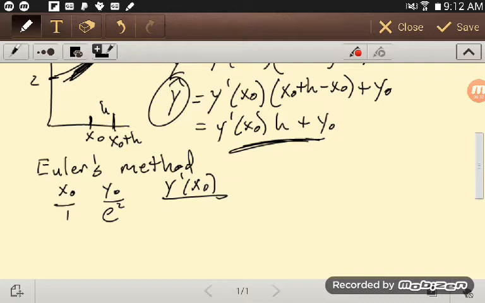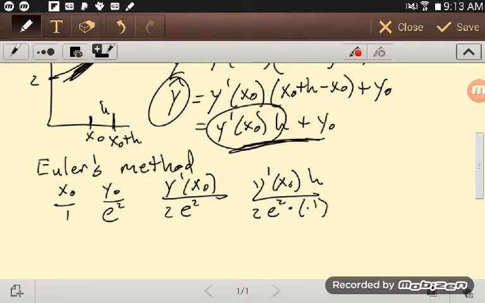You needed to come up with that. Well, y prime at x0 was 2y, so that's 2e to the 2. And then you took that y prime at x0 times your step size, h. Suppose our step size is 0.1. So we would have 2e to the 2 times 0.1. But you see, that's just that part.